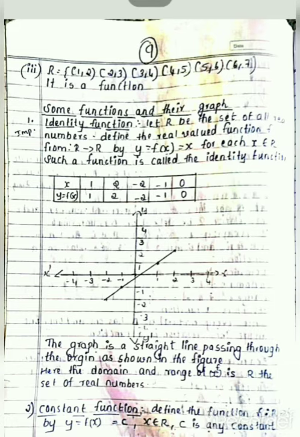For example, the relation should be defined from the set R to R. If you see the column given there, you know how to draw the graph of the functions you have studied earlier. Now the function is y is equal to x.